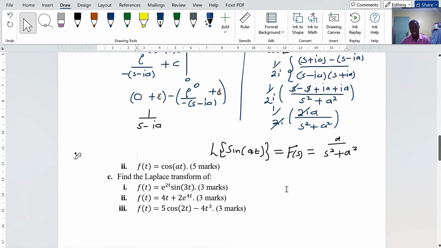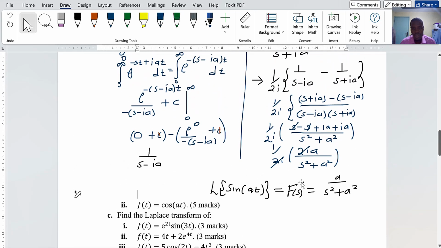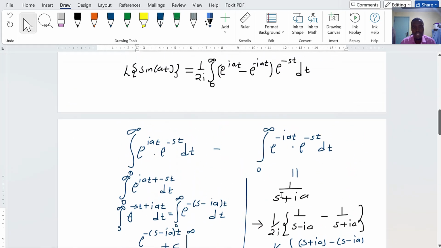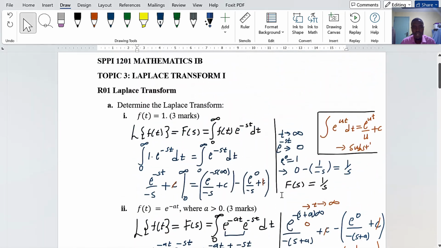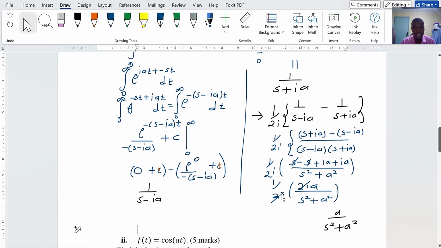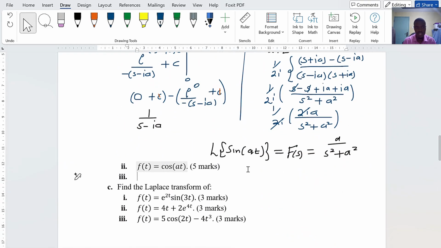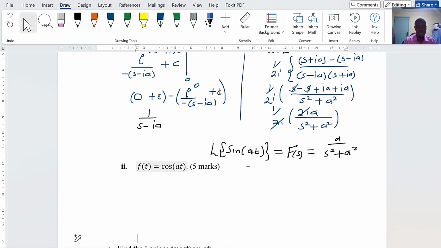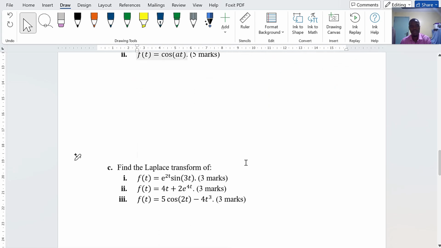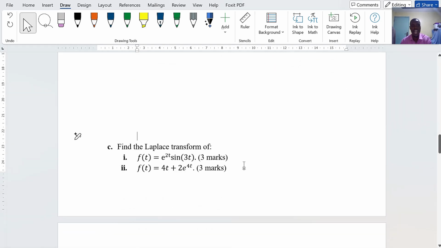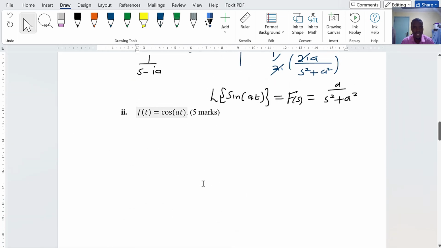That is also standard. You must make sure you remember this so that we don't need to derive them when we apply them. Now we go to the last one, so that we'll now have our complete table with the others that we'll just add. We don't need to derive everything.